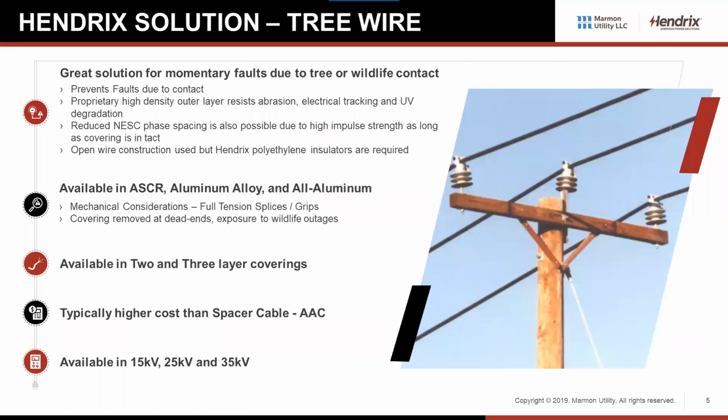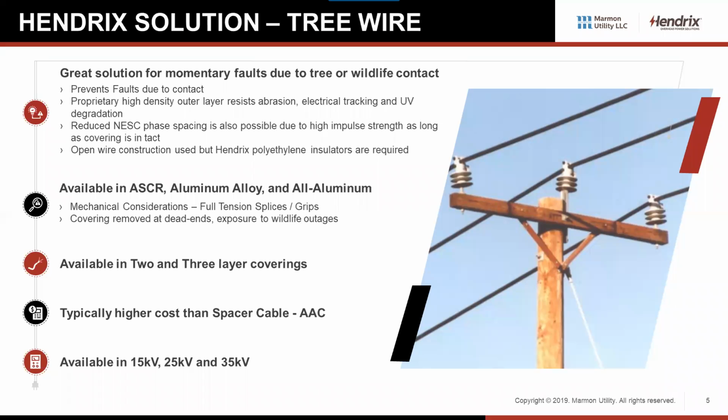We get a lot of questions about tree wire versus spacer cable. And I won't spend a ton of time on this. We actually have a webinar coming up where one of our other folks will go into this difference in a lot more detail. But just to give you the short version of that, we manufacture both tree wire and spacer cable.